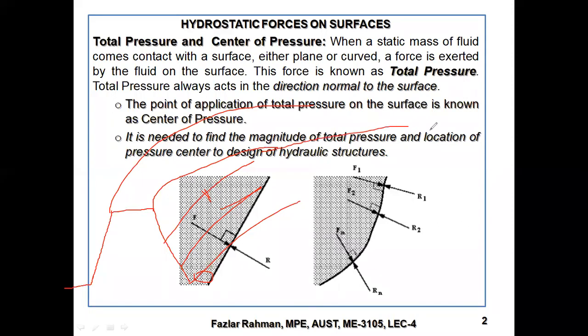Other thing, you have a dam all the way around. Now, what will happen if the water height on one side is going up in the rainy season? Your dam will overflow or it will break down, right? So, for example, you are designing your dam for this much water height, but due to natural reasons, the water height is increasing.